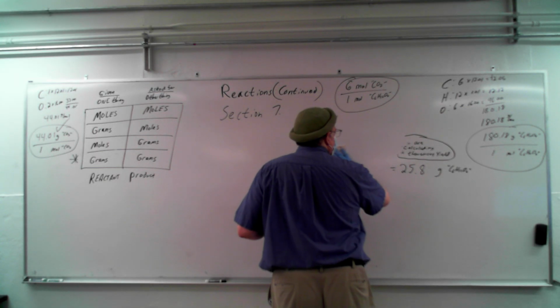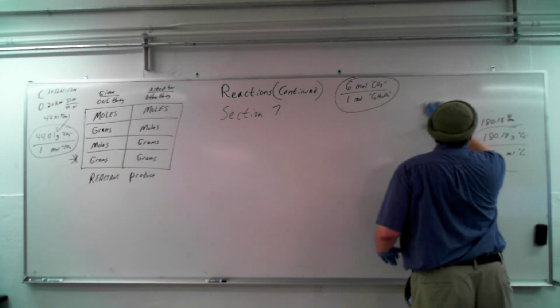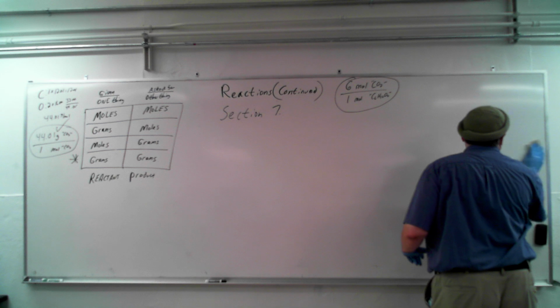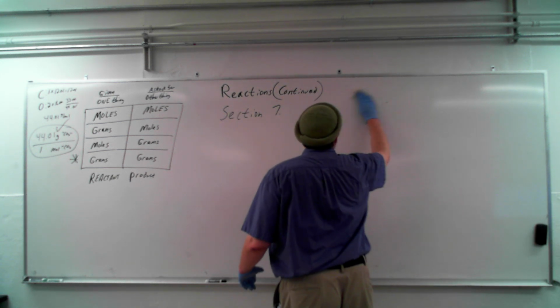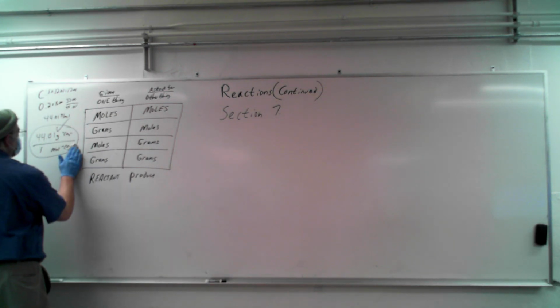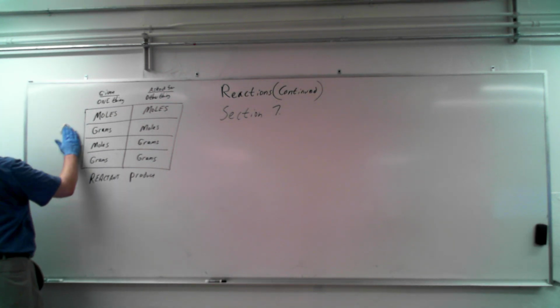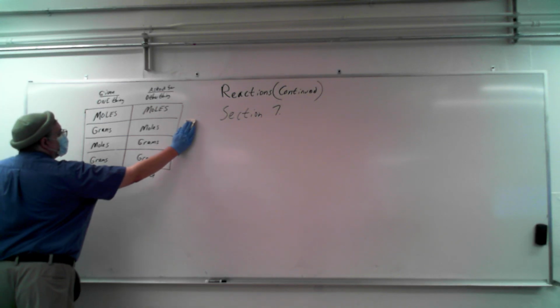So in 7.5, you're going to be given reactants and asked for products specifically. Oh, and these types of calculations are almost always grams to grams.